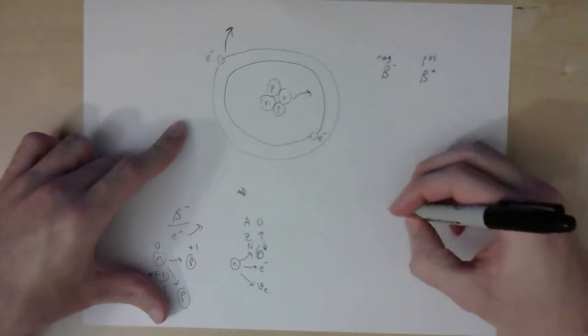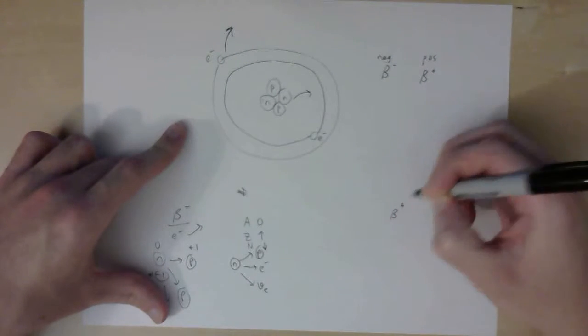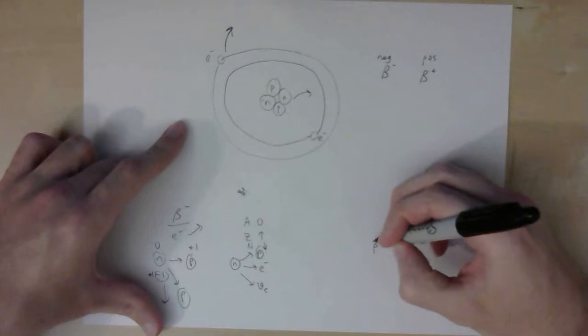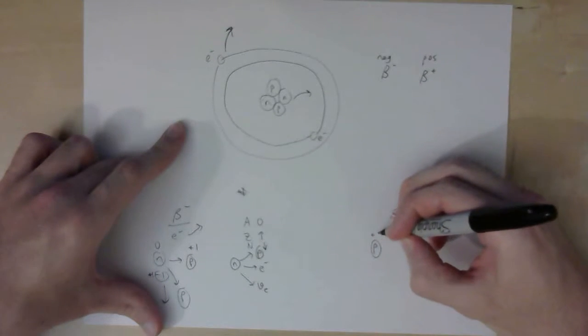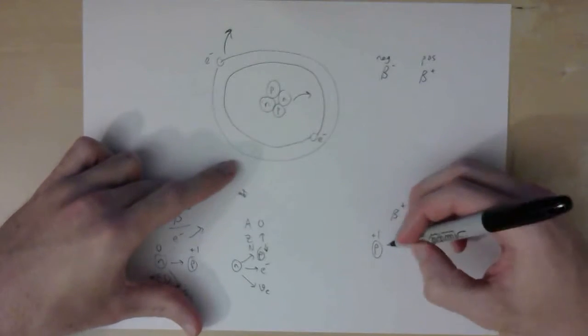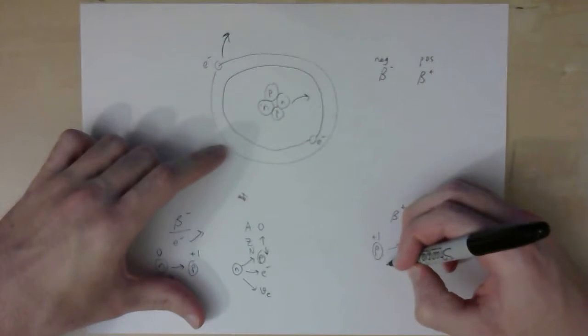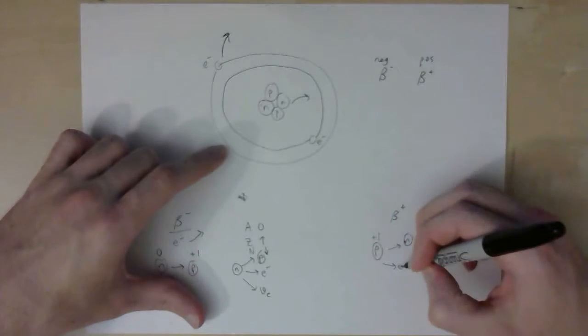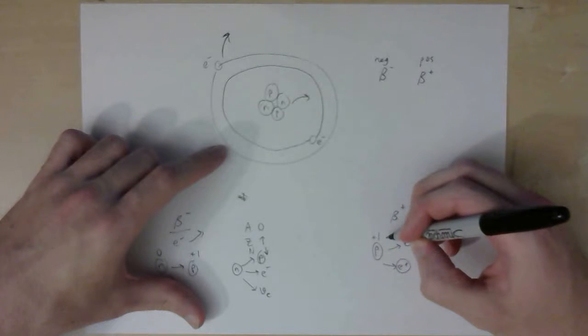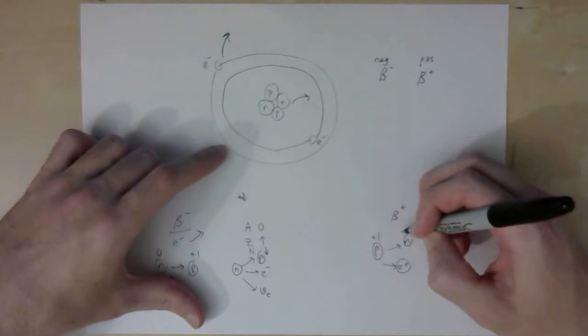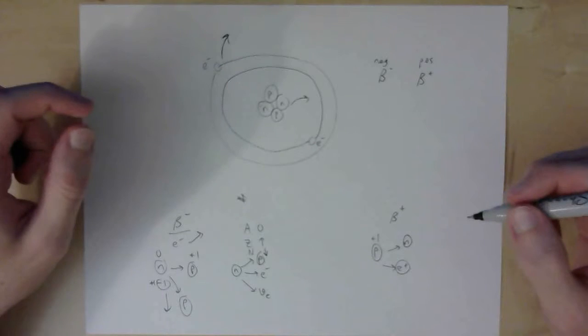Let's just go to beta plus real quick. With beta plus, we have the opposite going on. We start with a proton, so +1, and then we get a neutron. You lose the positron, so the positive charge goes away and this becomes a neutral charge.